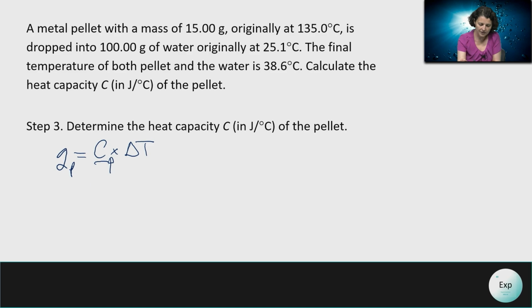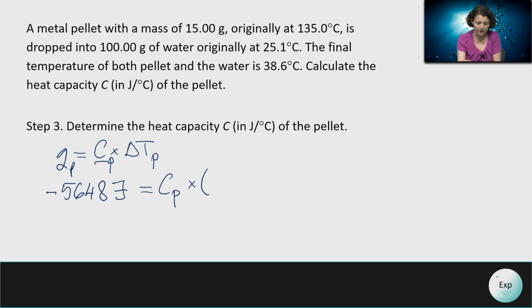And if we place a P subscript to indicate that all of these are associated with the metal pellet, it will be more straightforward for us to calculate it. The heat of the pellet is minus 5,648 joules. This equals the heat capacity of the pellet times the temperature change.